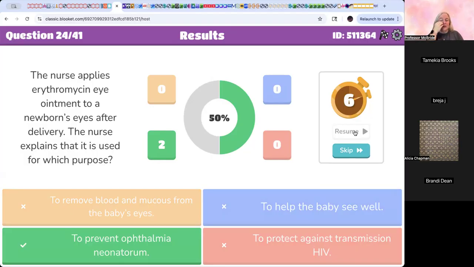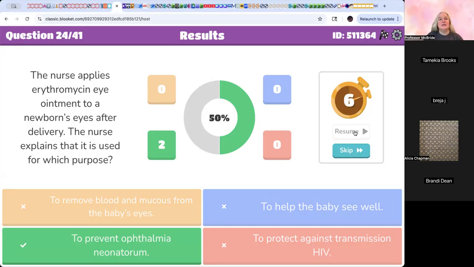And which babies are going to be at risk of developing ophthalmia neonatorum? Babies exposed to what? Chlamydia. Mm-hmm. And there's one other one. Gonorrhea. Yep. And we're going to give this to all babies.